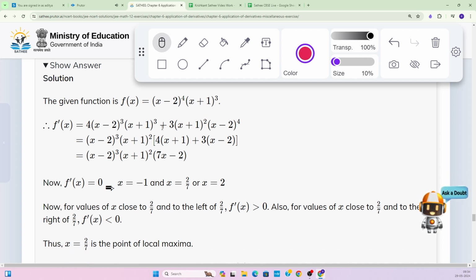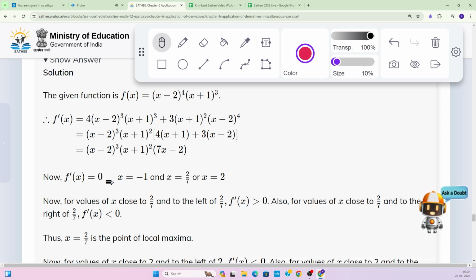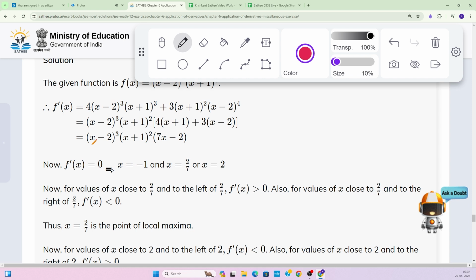Now take things common: (x minus 2) whole power cube and (x plus 1) whole power square will be common. You will be left with 4 multiplied by (x plus 1) plus 3 multiplied by (x minus 2). Now your simplified version will be this. Now critical points will be what? 2, minus 1 and 2 by 7, as you can see.